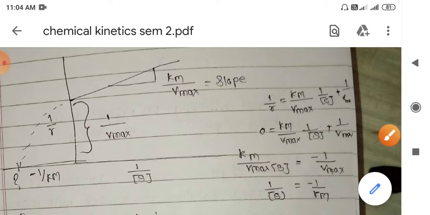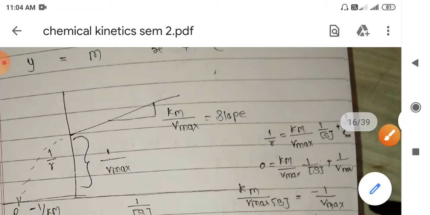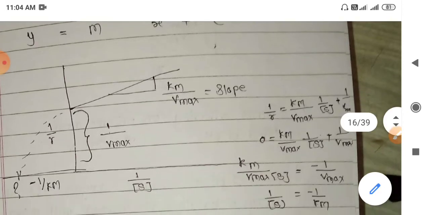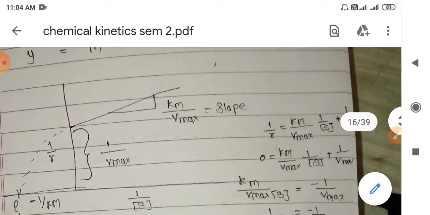Sometimes you may be given a graph of various R values and various S values, and you just need to tell the value of the Michaelis constant and the maximum rate for the given equation. From that graph you just take the y-intercept and x-intercept, and depending on those values you will get the value of minus 1 upon Km.